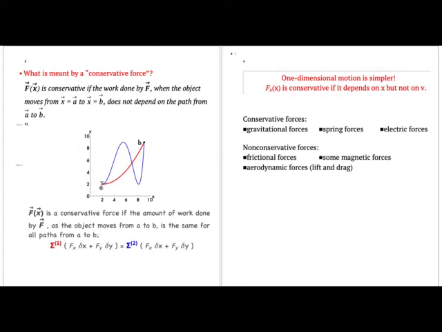Now, as M moves from A to B, there'll be some work done. Because remember, work is force times displacement. Or for a force that's varying in position, it's the sum of all the infinitesimal contributions to force as you divide the motion into an infinite number of infinitesimally small displacements.